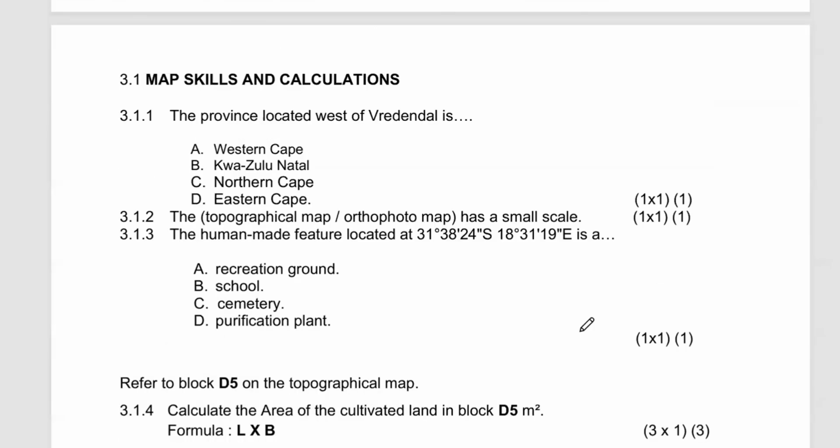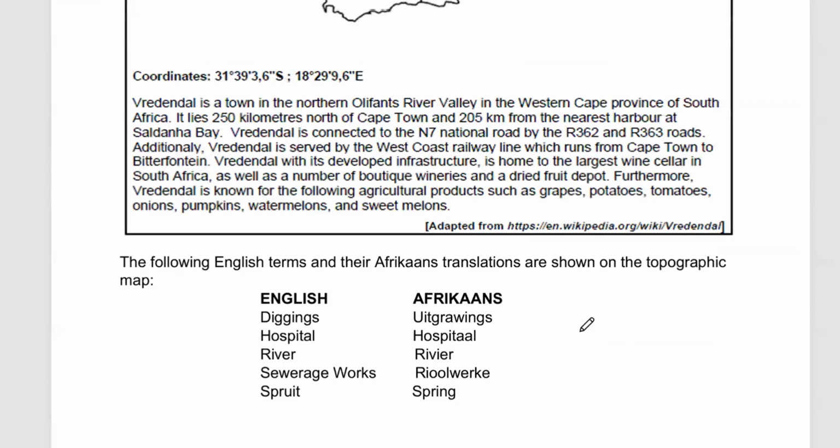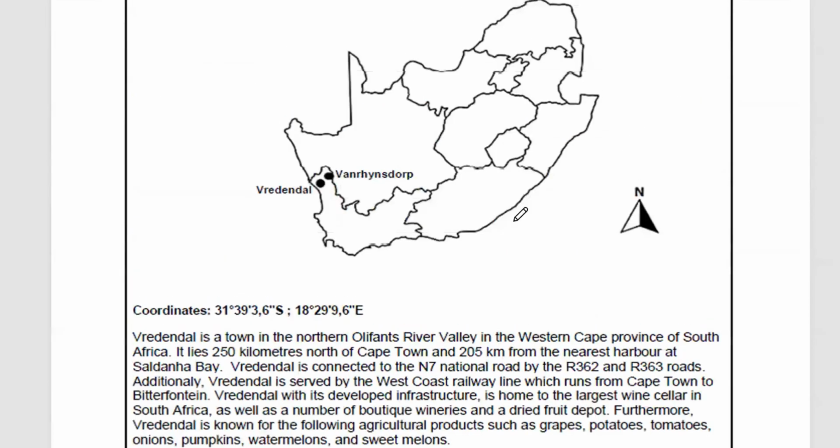Right. The first question is saying the province located west of Vredendal is. If I take you to the map information, we are seeing that this Vredendal is here. It's located here in the Western Cape province.